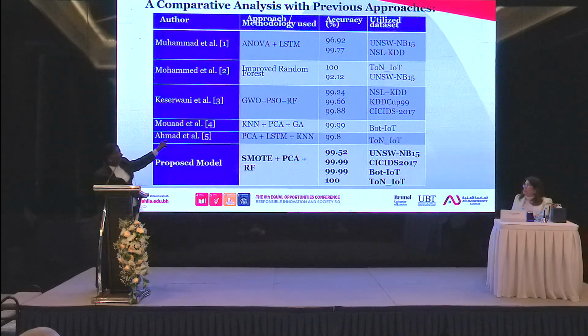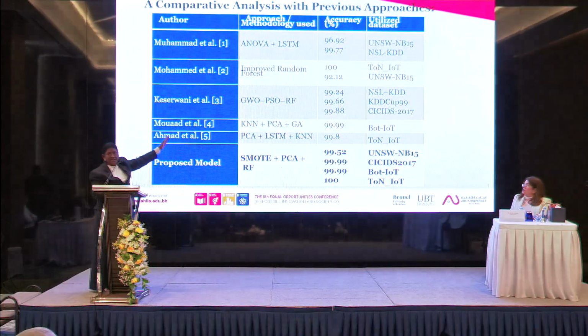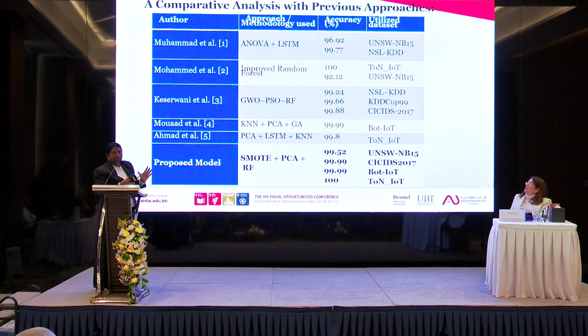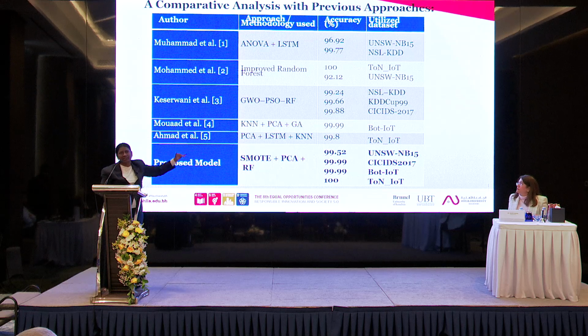Just random forest, or gray wolf optimization and particle swarm optimization with random forest. So these are all different combinations of prediction, feature selection, feature extraction, and classifications. So I compared the existing approaches with the one we proposed, and compared with others, our proposed model is performing better than others.